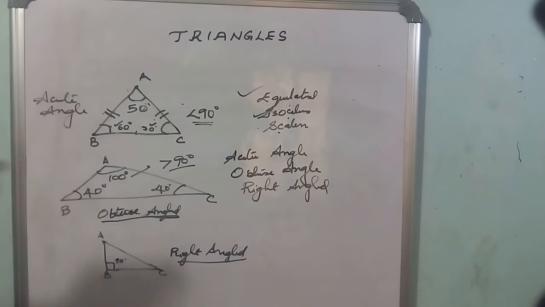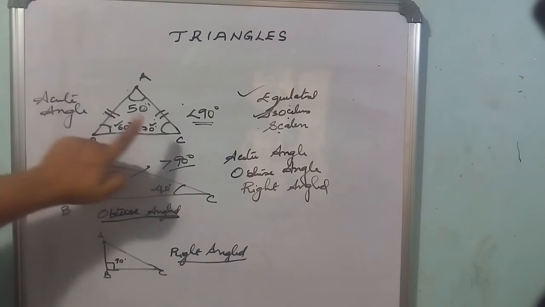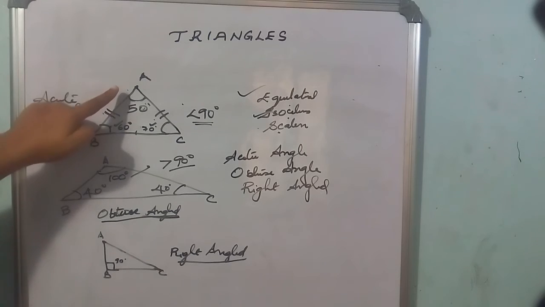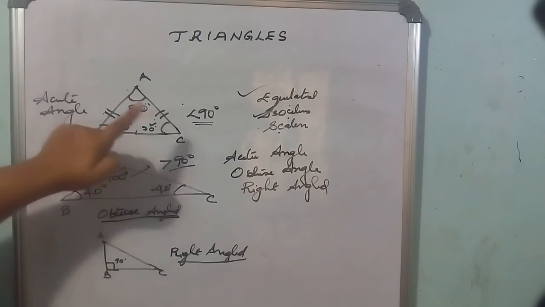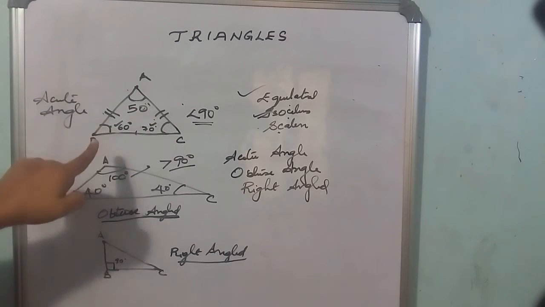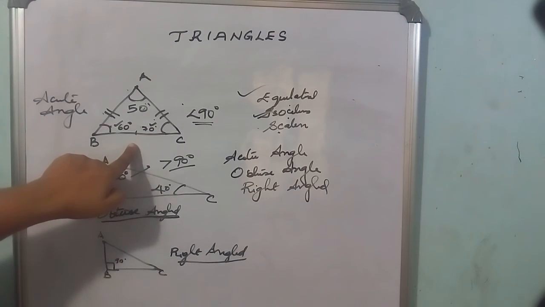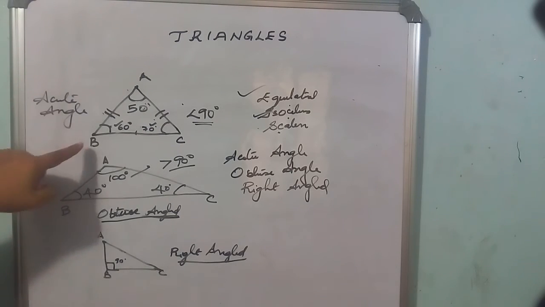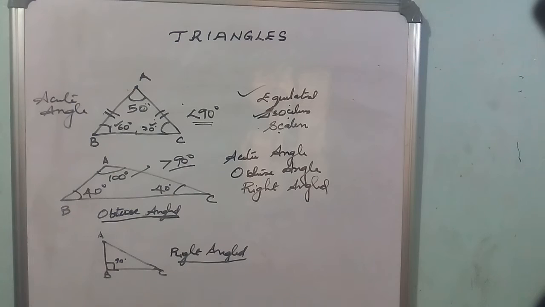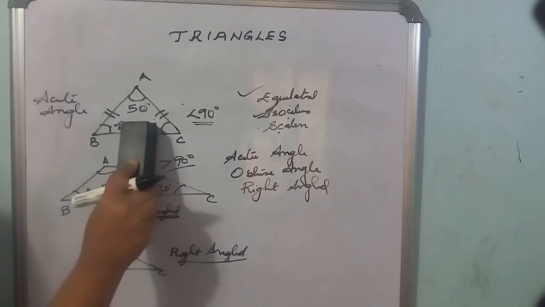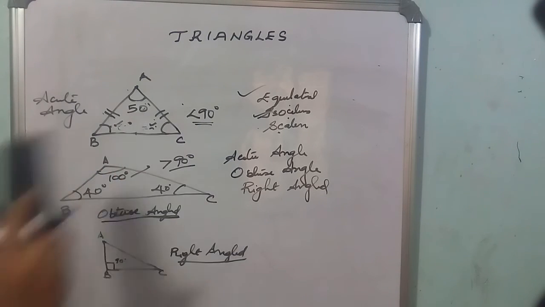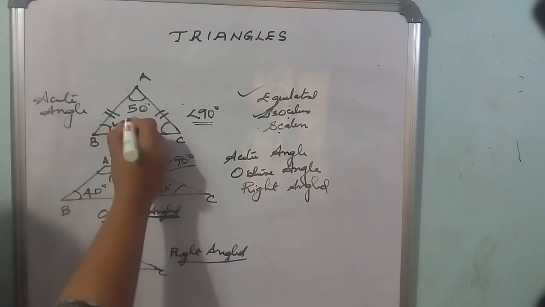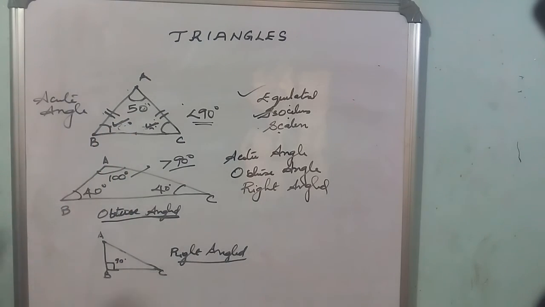Another property is the angles will be 60 degrees, because only then they will add up to 180 degrees. In an isosceles triangle, the angles opposite the equal sides will have the same value. That is, if AB and AC are equal, these two angles will have the same value, then it becomes an isosceles triangle. In a scalene triangle, all the sides will be of different length.